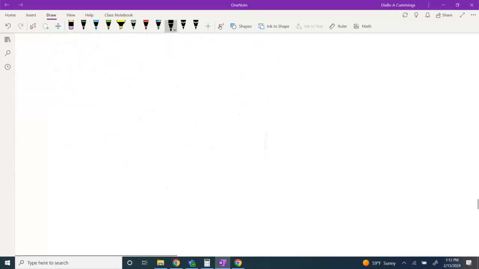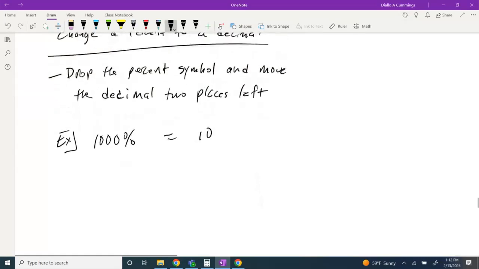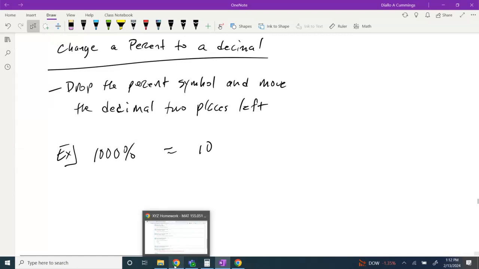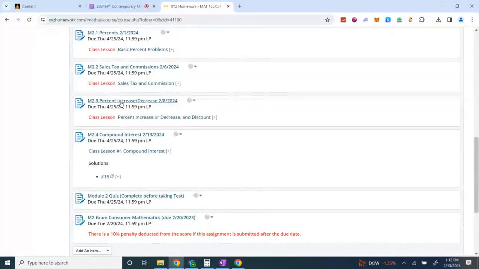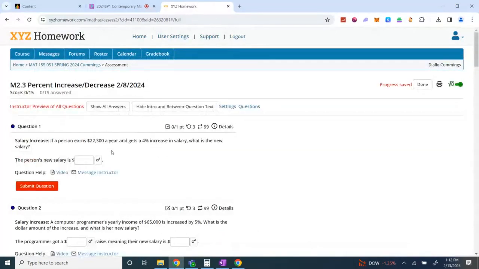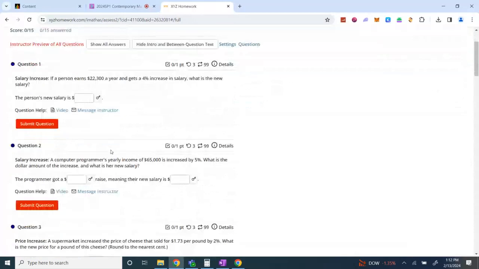So now let's just take a look at that percent equation, or the percent increase and percent decrease formula. Take a look at that in some examples. All right, now in some of these problems, like for instance, these salary increase problems, in some problems, they're asking for the new salary.